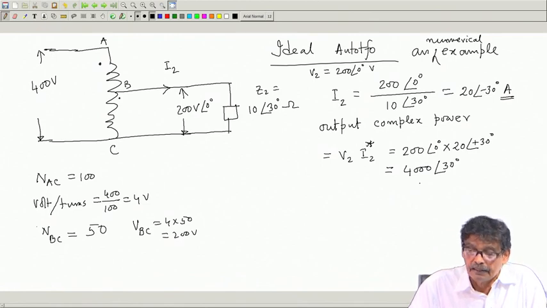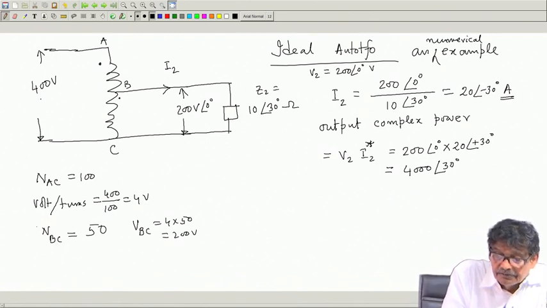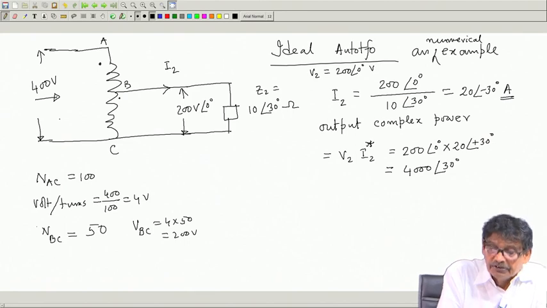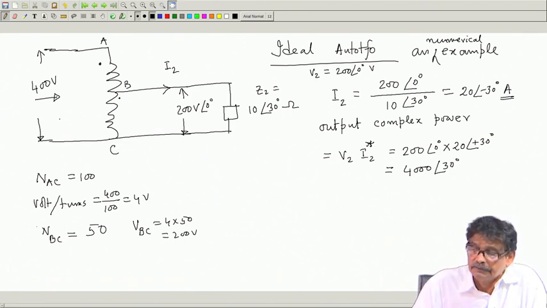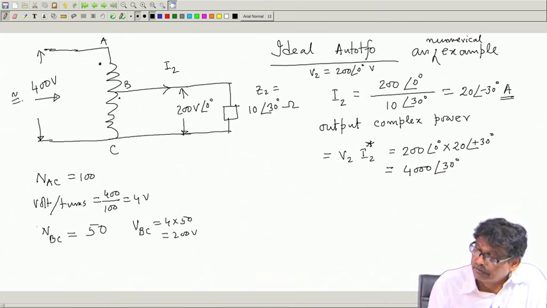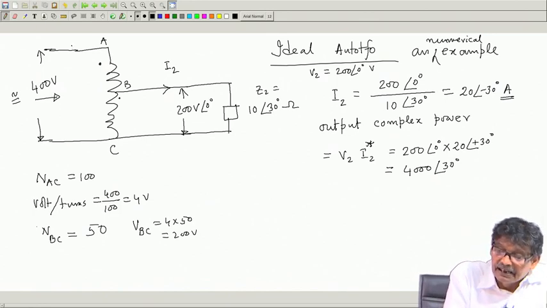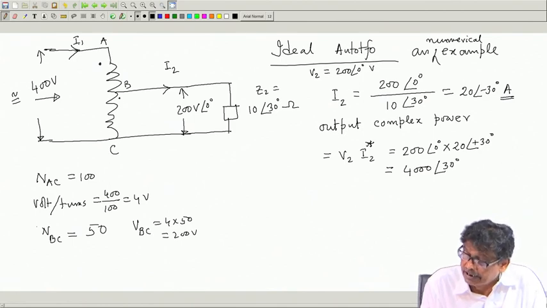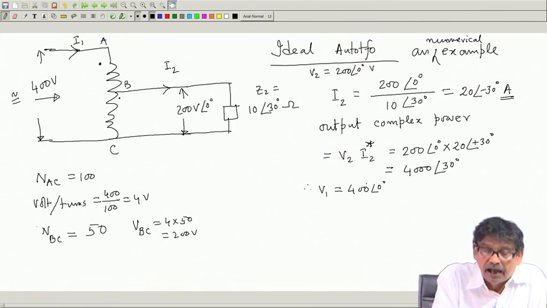complex power, and this must come in from this input, because there is only one source of power where I am feeding supply 400 volt AC, RMS value is 400 volt. Therefore, if I assume this current to be I1, which is still now unknown, and mind you V2 is this, therefore, V1 is also known, 400 0 degree, but I do not know I1.